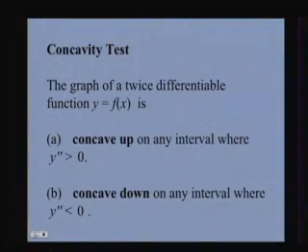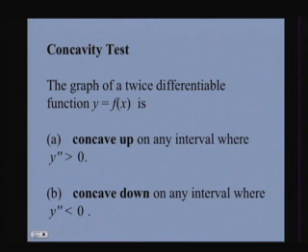The graph of a twice differentiable function, y equals f of x, is concave up on any interval where the second derivative is positive. And it's concave down on the interval where the second derivative is negative.